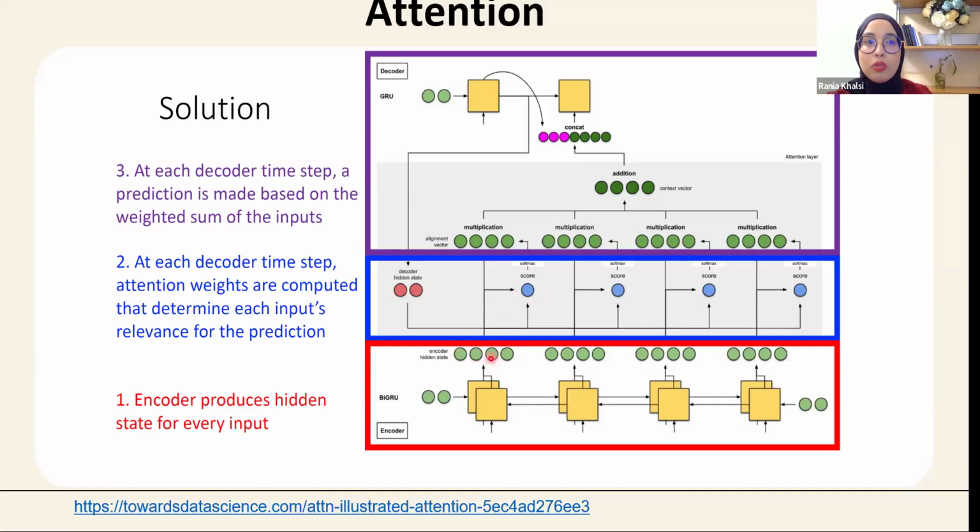This comparison needs some measures that we're going to discuss later, but now let's focus only on the overall architecture. So the third step, from the second step, is that for each decoder time step, attention weights are computed and determine each input's relevance to the prediction.